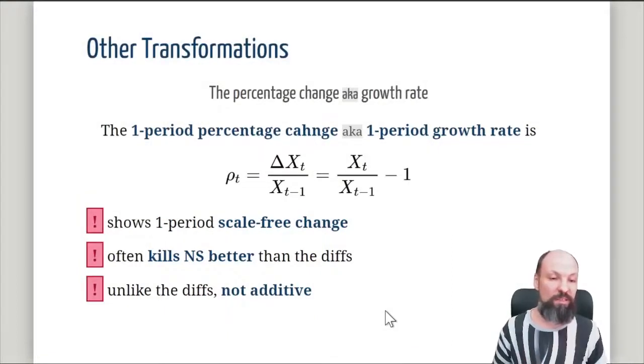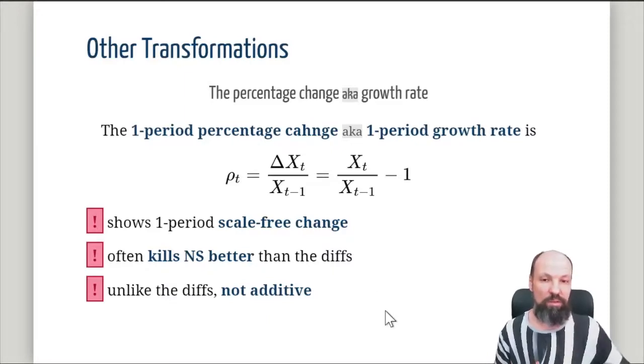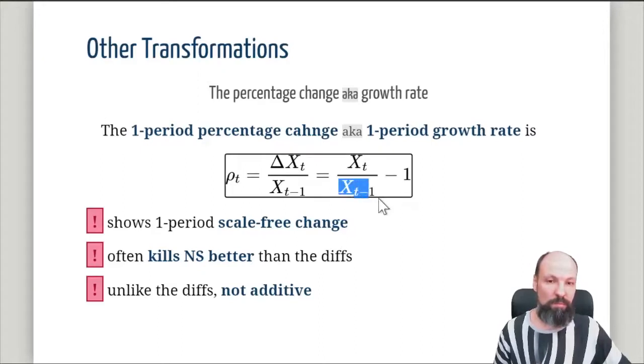First of all, it's not additive, so you cannot add them up. And the statement that a positive average level of first differences guarantees the growth overall does not apply anymore to percentage change, because it's not additive and because the basis is all the time different.